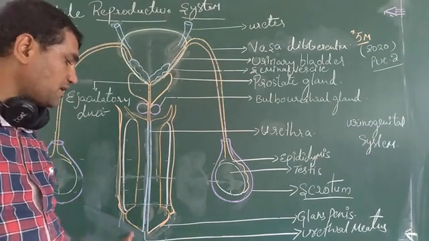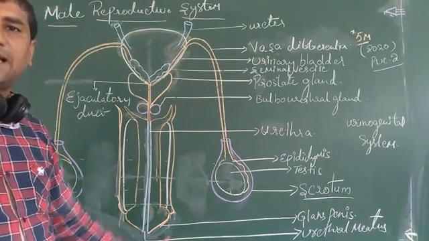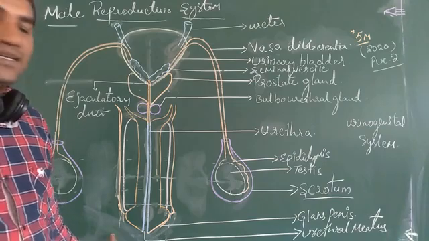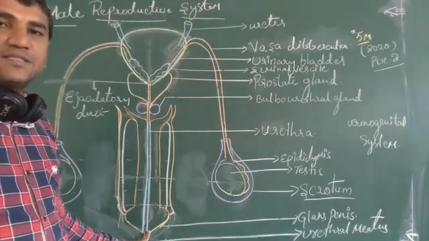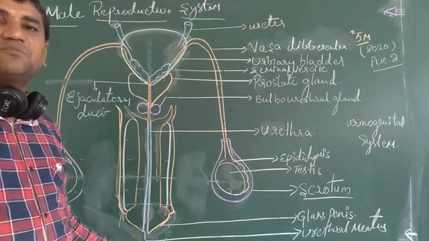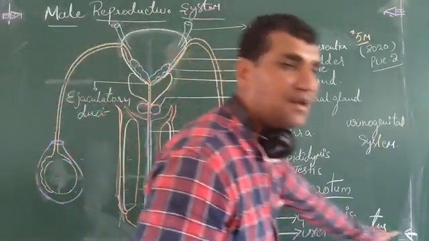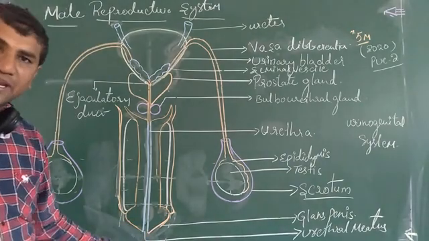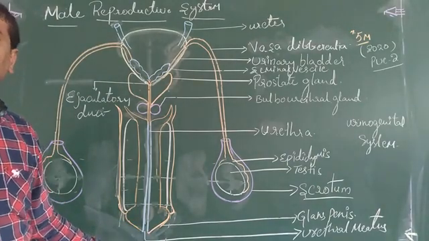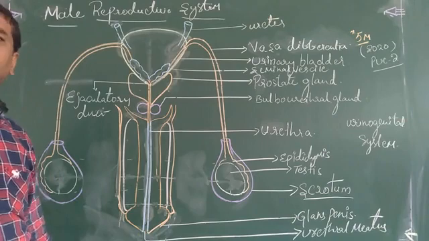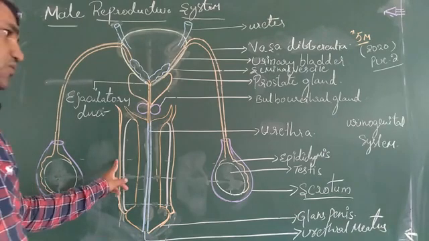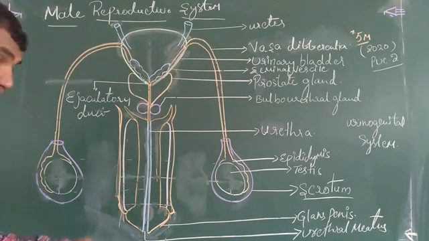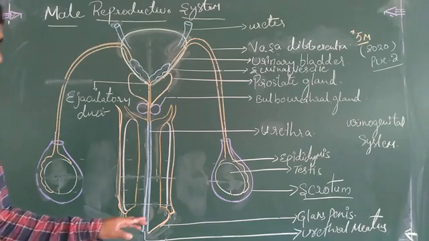The swollen part is called glans penis. At the end of the glans penis, the urethra comes out as the urethral meatus, through which the urine as well as the sperms in males will be ejaculated out.